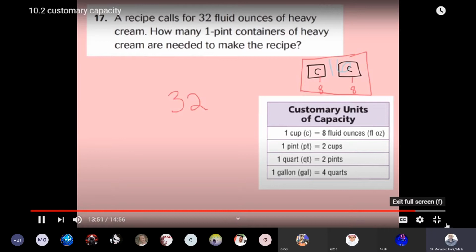So if you have 32 ounces and 16 ounces equals 1 pint, then how many 1 pint containers of heavy cream are needed to make the recipe? Go ahead and write your answer down. Now, if you said the answer should be 2, you are correct, because 2 times 16 is 32. So you would have 2 1 pint containers.